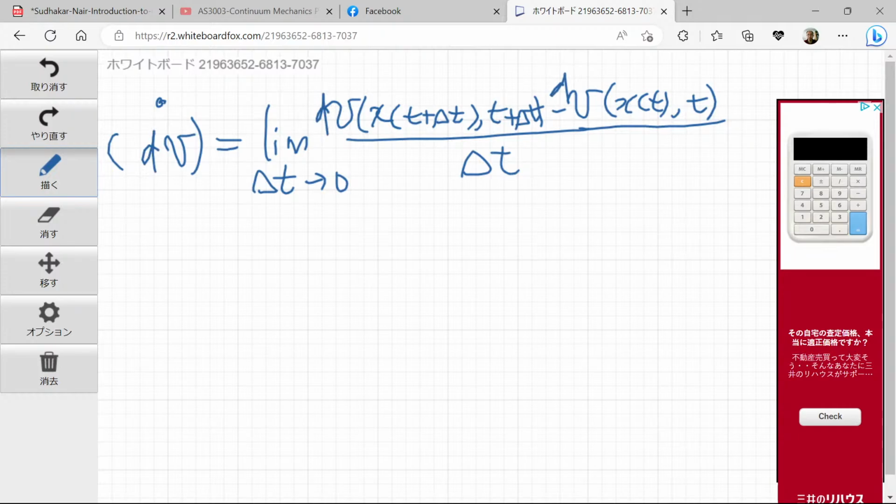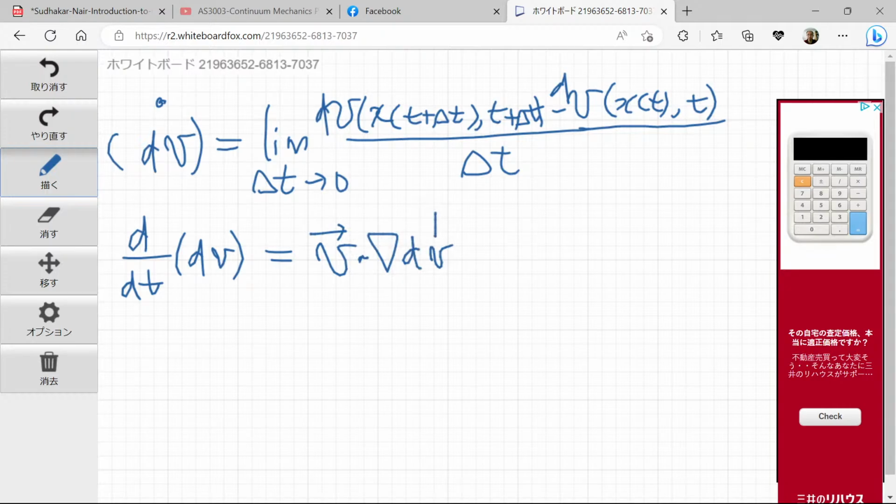So then, what is d/dt dV? You have to put v dotted with partial dV.